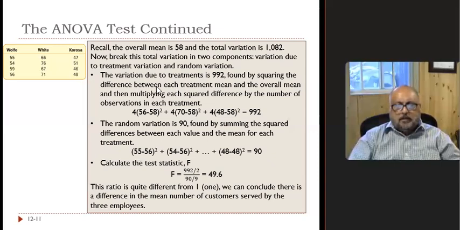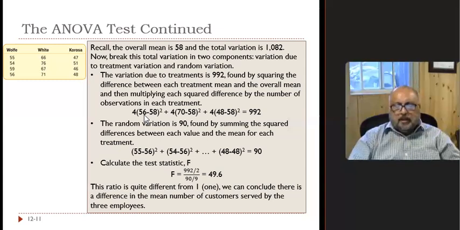So now let's look at the variation due to treatments. How do we find that? This is the method for that.